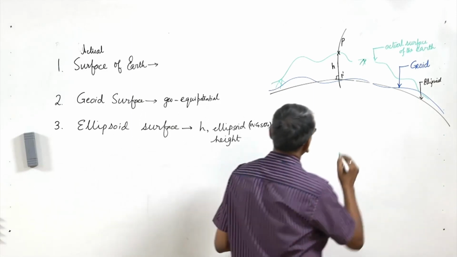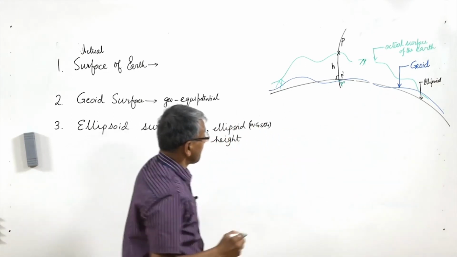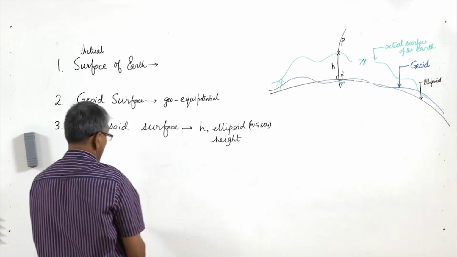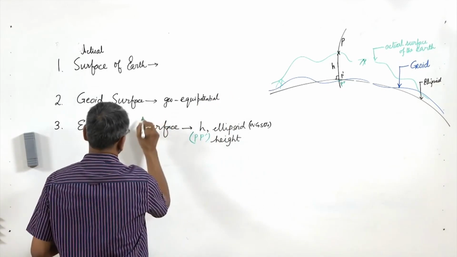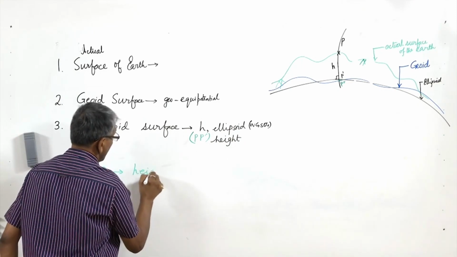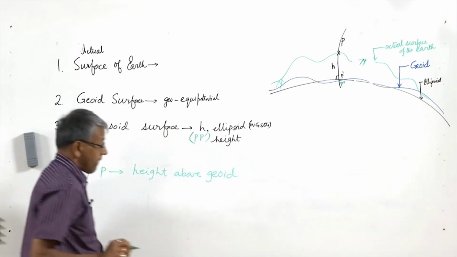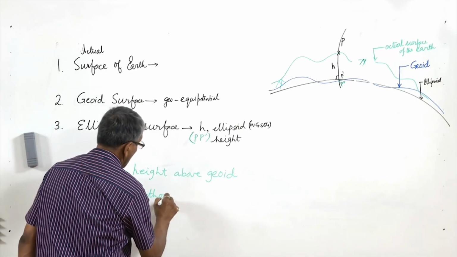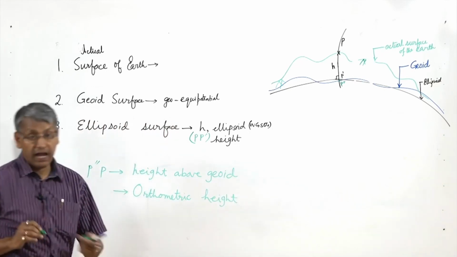So the height from this point, suppose P double dash, to P, is the height above the geoid, and this height is known as the orthometric height.